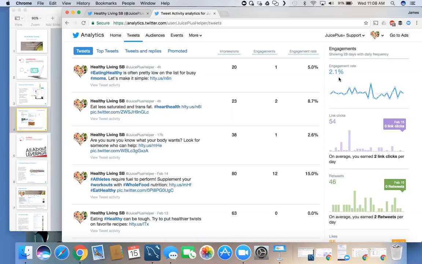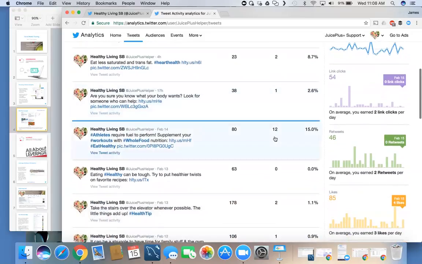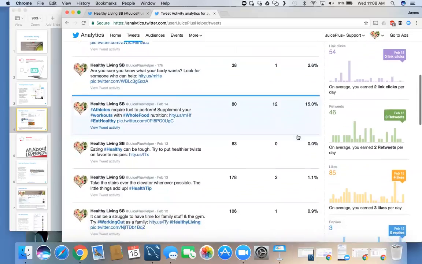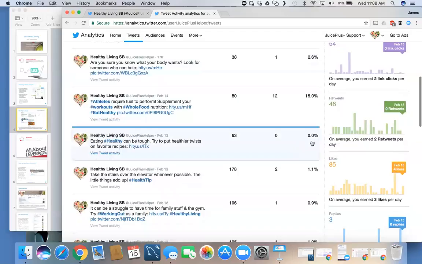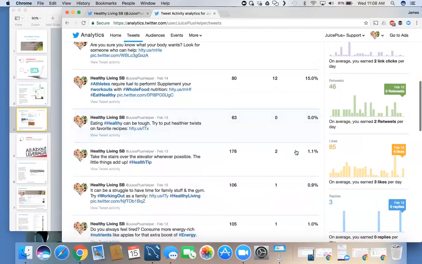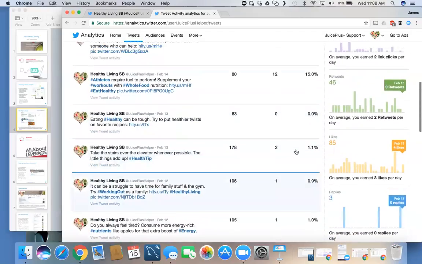So don't think you're going to get, this is not like Facebook. You are not going to be running an engagement rate of 40% or something crazy like that. It doesn't happen on the platform. And then you can see post by post, tweet by tweet, what your engagement rate is per tweet. Okay, and most of them are hanging around this because, again, not everything gets engaged with.